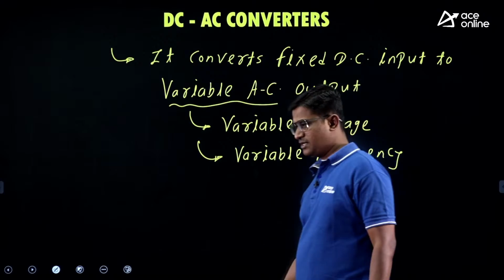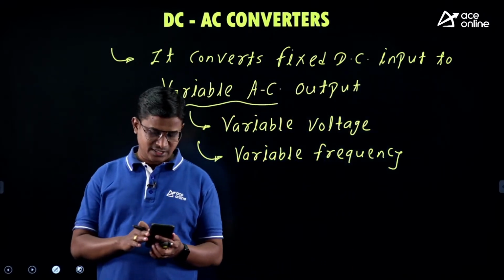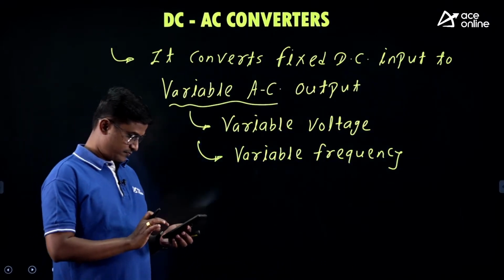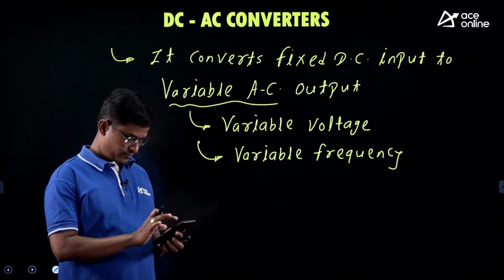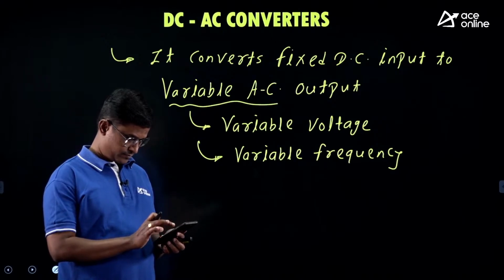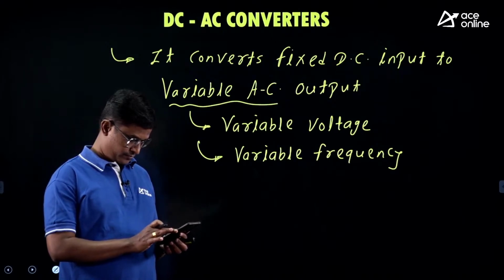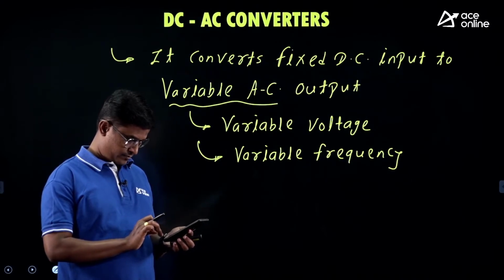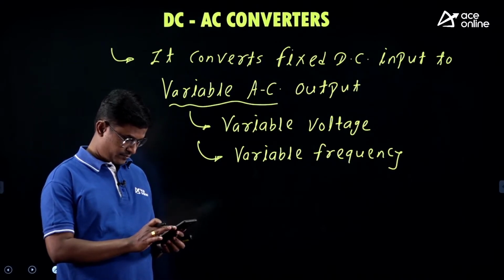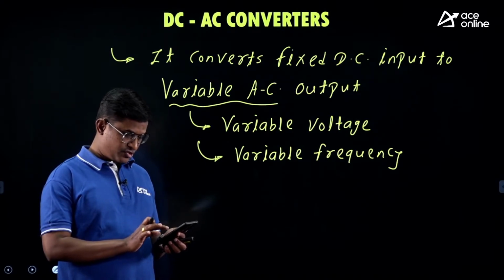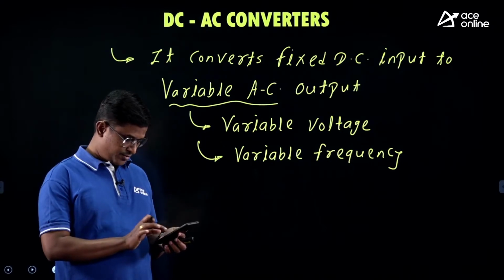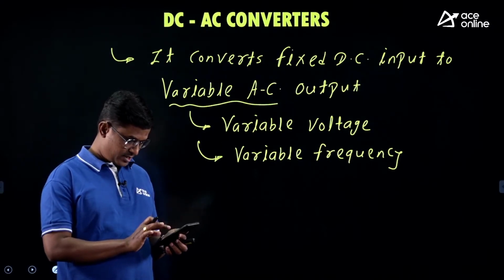What is the expected output of a single phase inverter? Inverter should give which type of output? Sinusoidal, cosinusoidal, square?